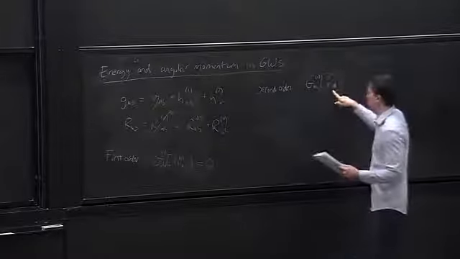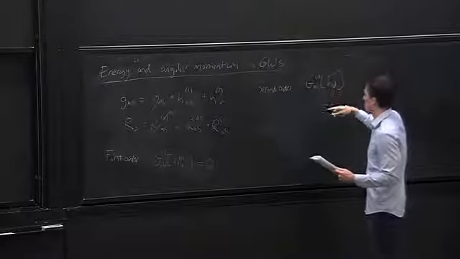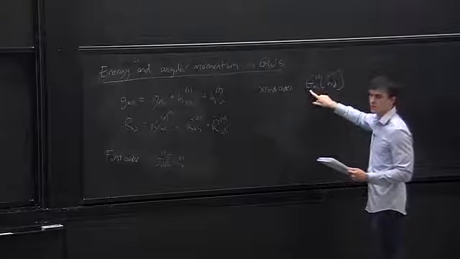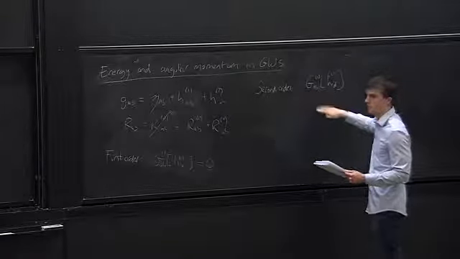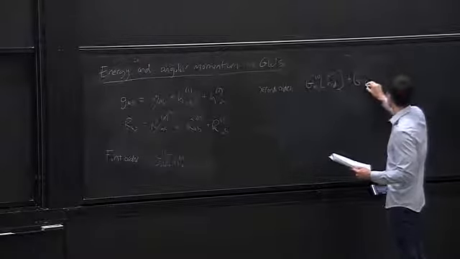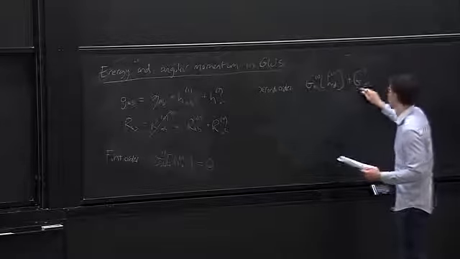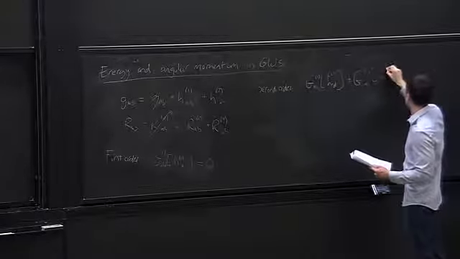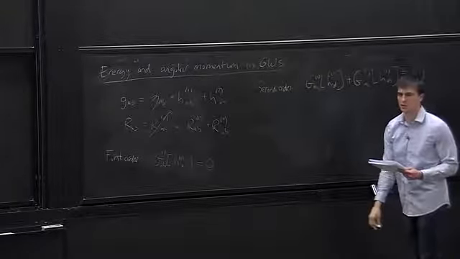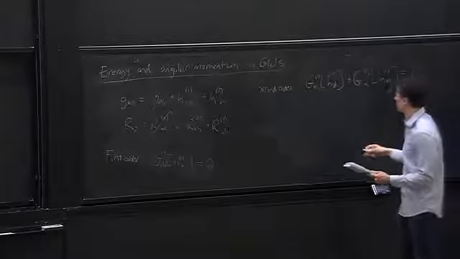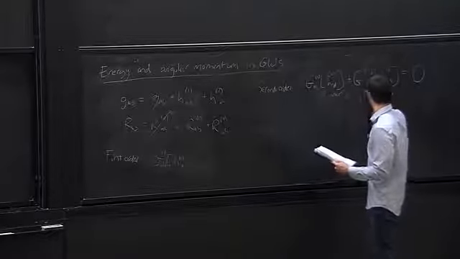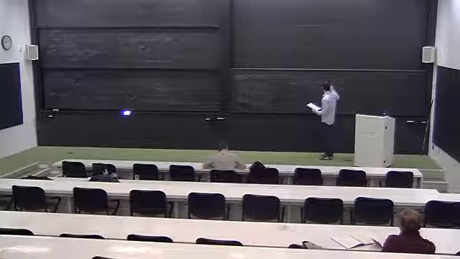So one will just be plugging in our next order contribution to the metric into our expression for the Einstein tensor, which is just linear in the metric perturbation. And then the other term that we have to consider is we look at the quadratic terms in the Einstein tensor and just plug in the first order metric perturbation. So these have to cancel out to satisfy the Einstein equations at second order. So linear and quadratic pieces.